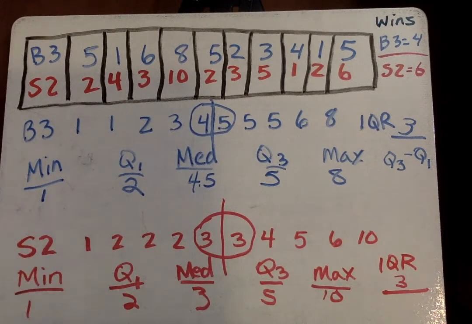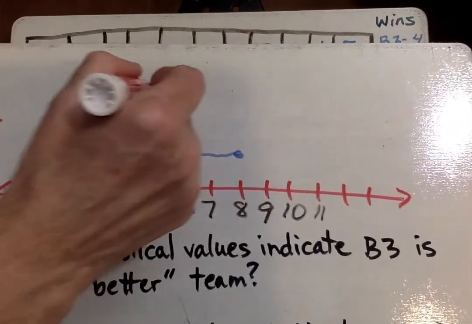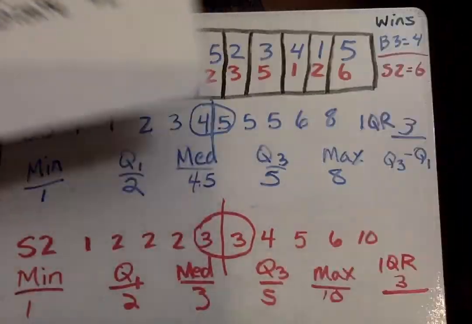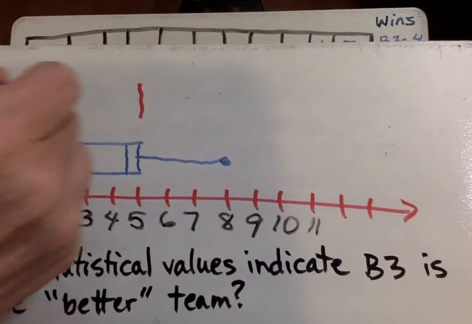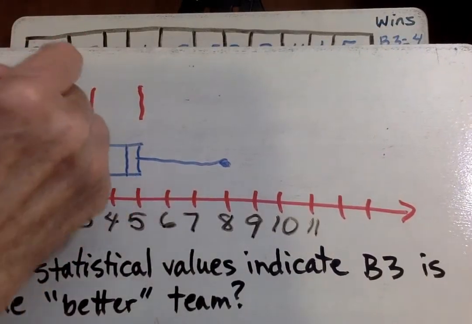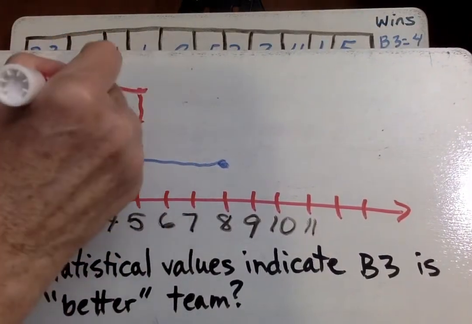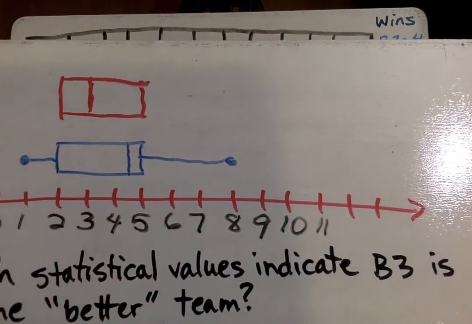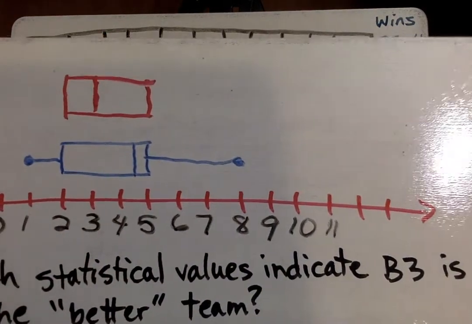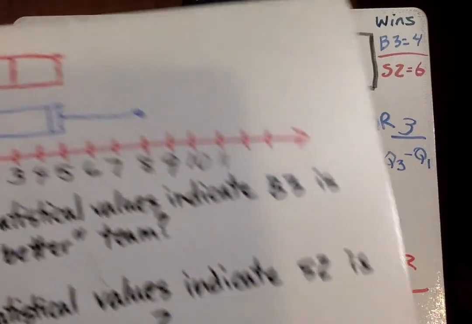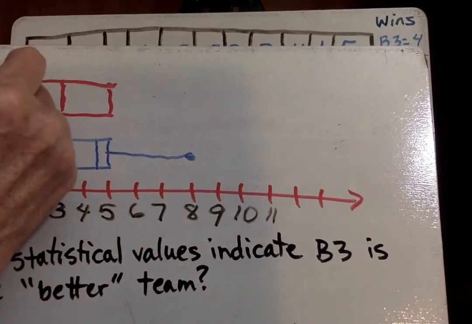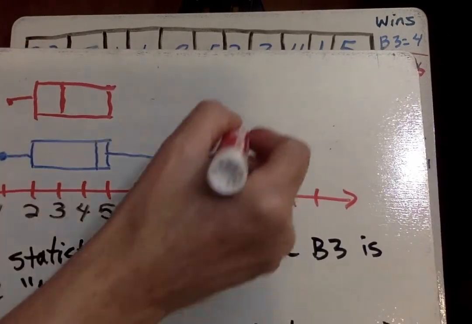Is that correct? Yep. And their median is 3. Okay, so let's connect our box together. And then our whisker, S2, the minimum is 1. And the max is 10.